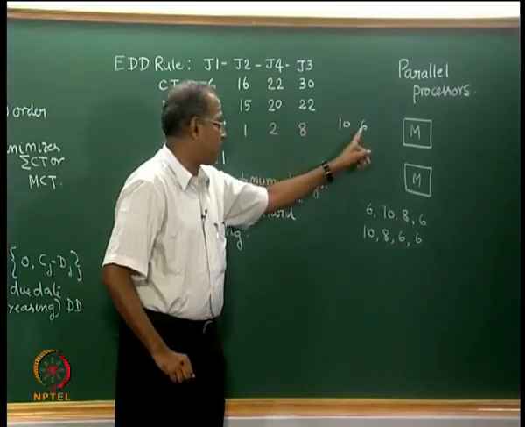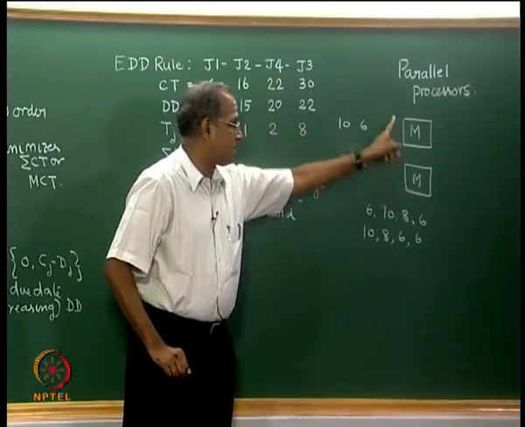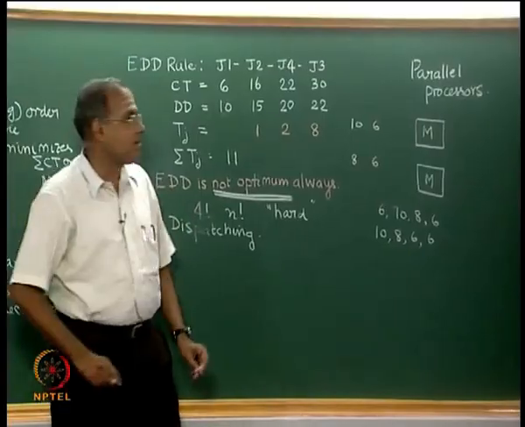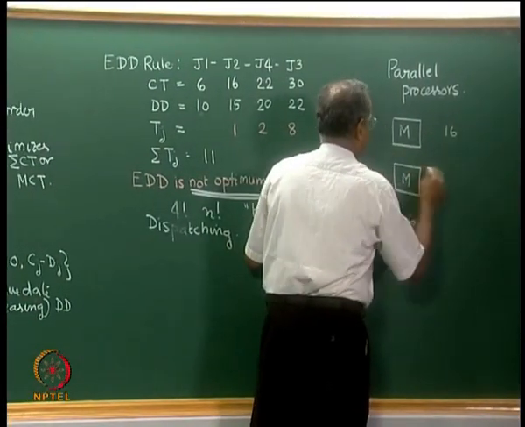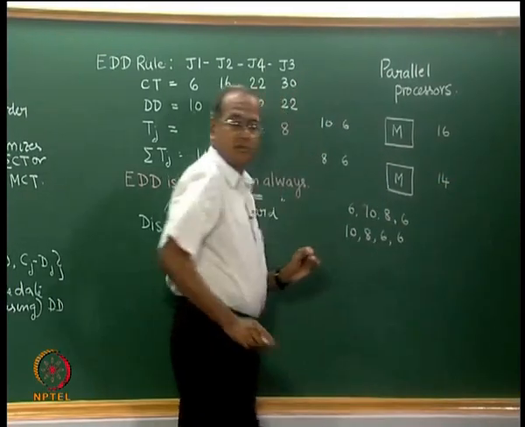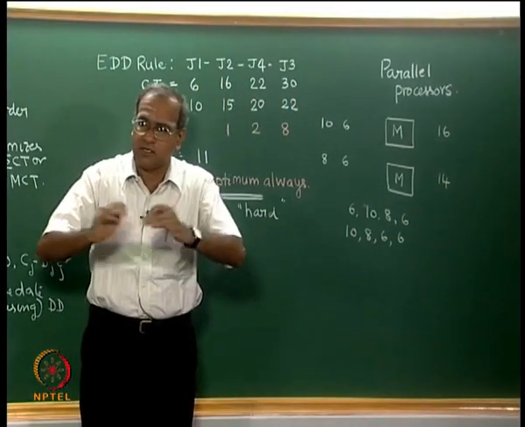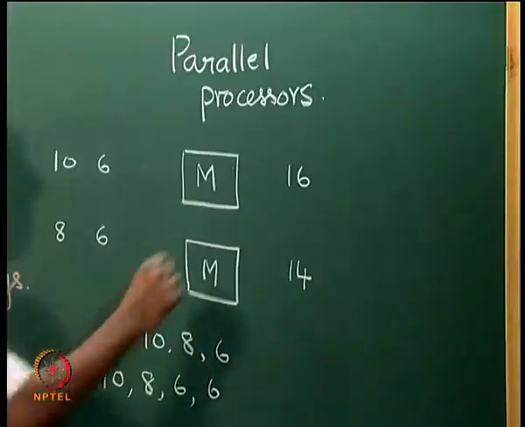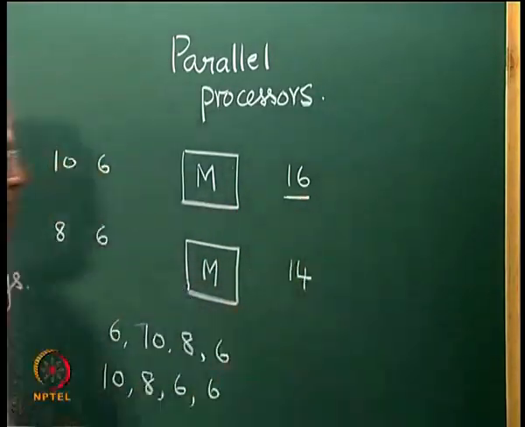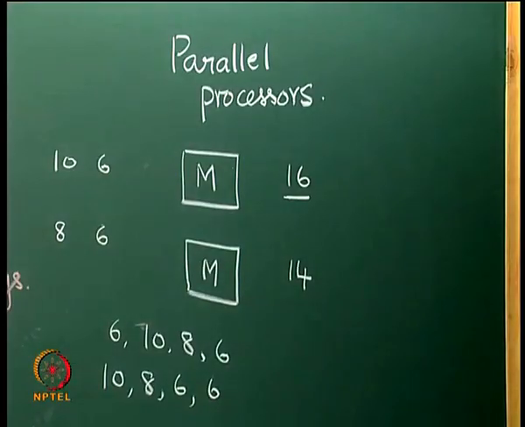If there is a fifth job, it will go here, the 6th, 7th, 8th and so on. Now here the makespan is equal to 16, here the makespan is 14. So the actual time at which all the jobs are over is the maximum of these two, which happens to be 16. So if we apply this rule, the makespan that we get is 16.